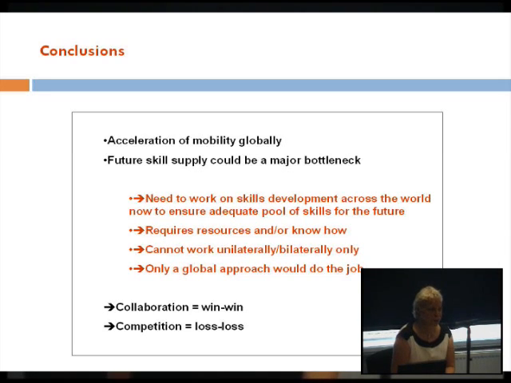Why across the world? Let's assume that MENA and the EU work together to ensure that the EU has the skills that it needs in the future, and MENA is not drained of the skills that it needs.